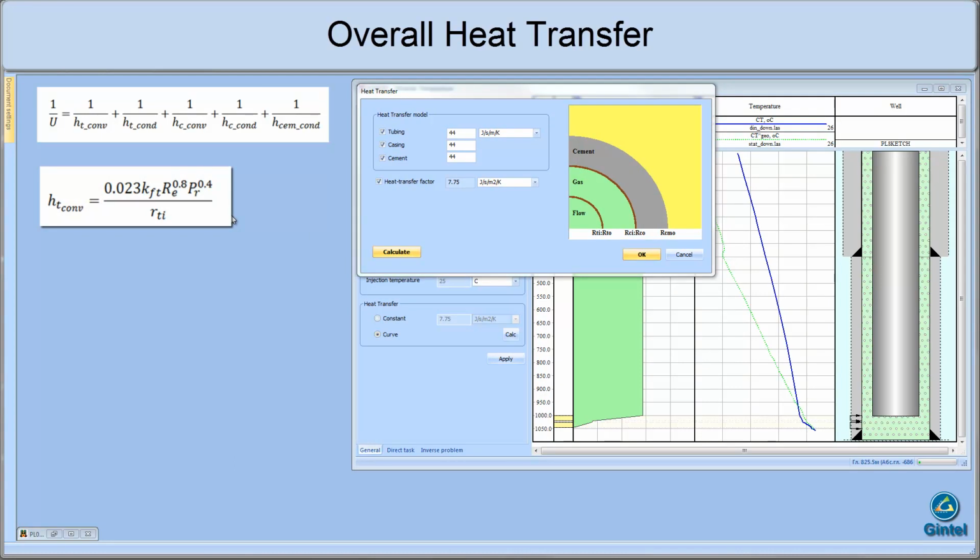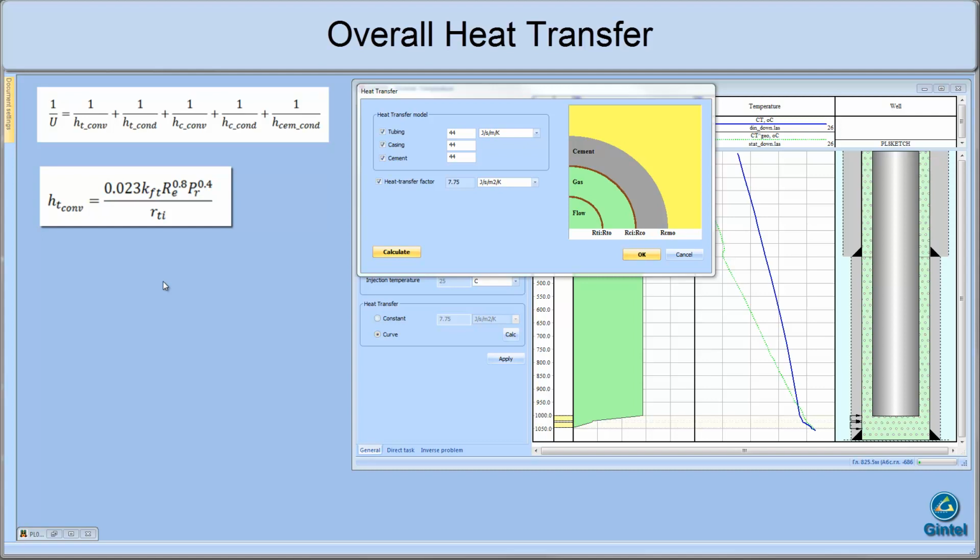So, HTconv for inside tubing forced convection will be equal to a constant multiplied by average fluid conductivity, gas in our case, Reynolds and Prandtl numbers over RTI, which is the mean inner radius of tubing. To calculate fluid conductivity and the dimensionless Reynolds and Prandtl numbers, we need to know flowing fluid composition and properties.